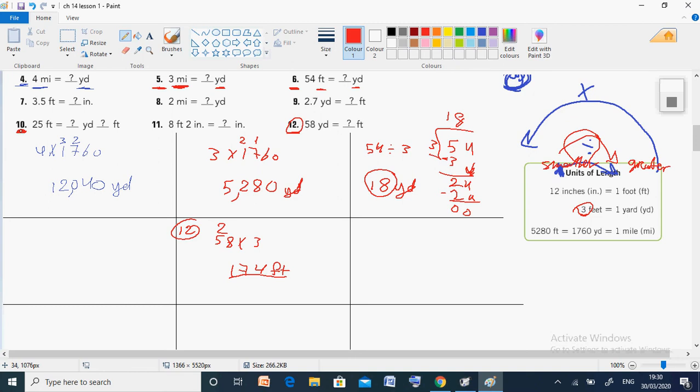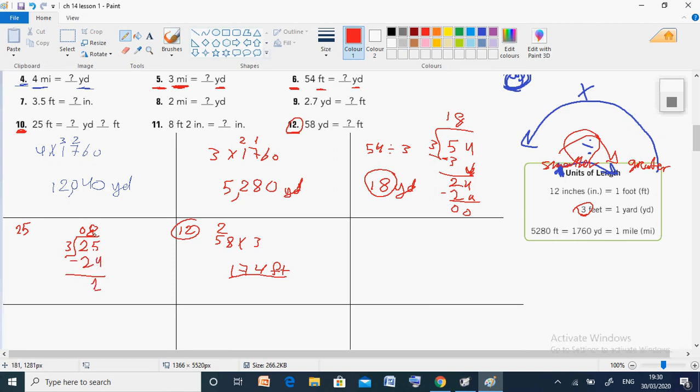Now let me solve, for example, question number 10. We have 25 feet, and we want to convert them to yards. From smaller to bigger we have to divide. So I will say 25 divided by 3. 2 divided by 3 I can't. 24 divided by 3 is 8. Subtract, 1.